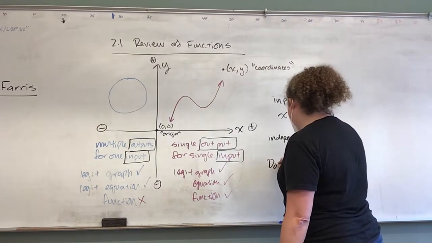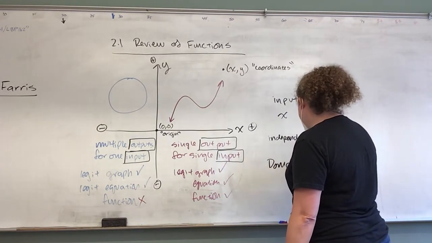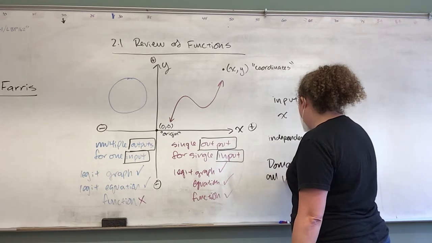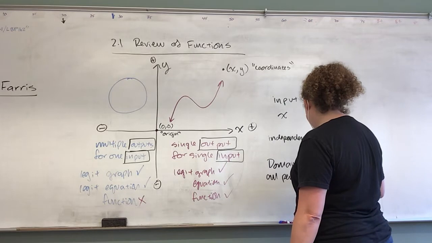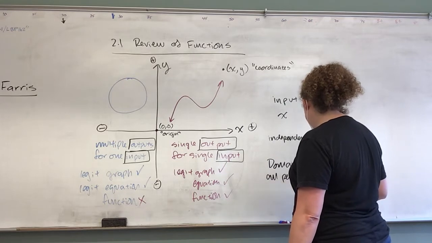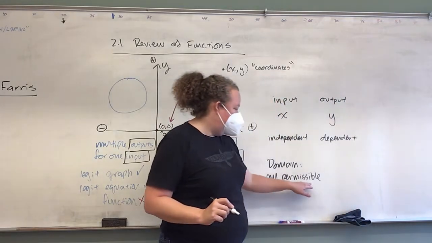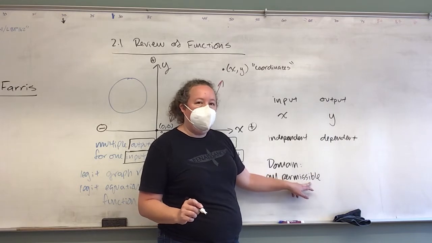Excellent. Okay, so domain is all permissible inputs, and range is all possible outputs. So when we're talking about functions, we can break down. (English peeps, is it an I or an A here?